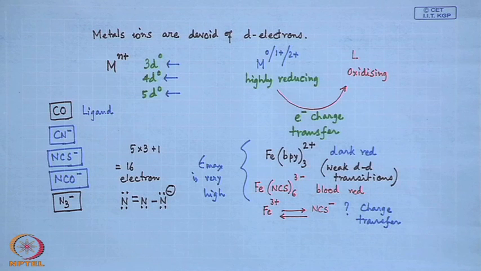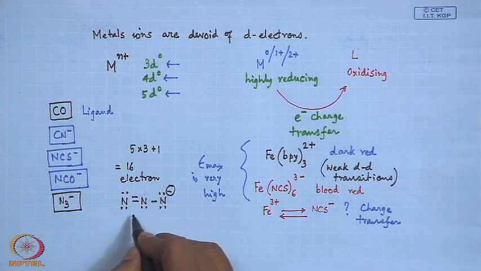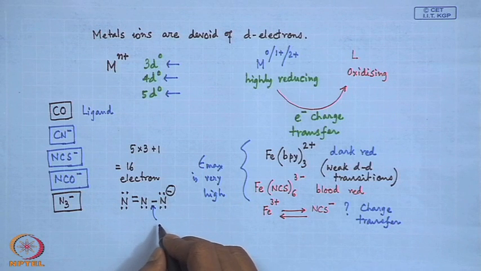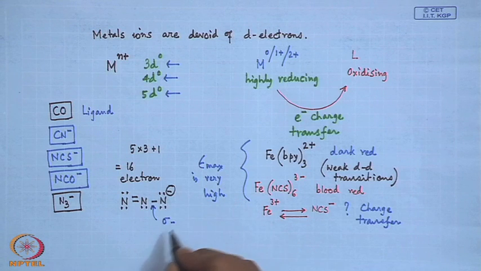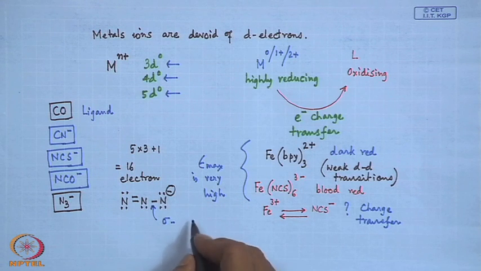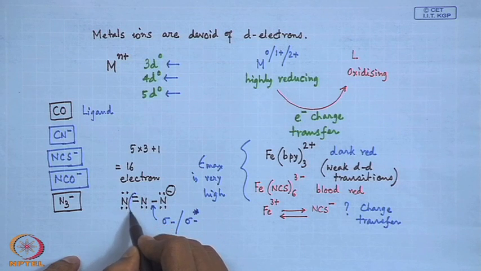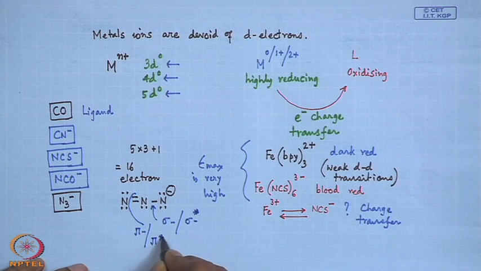What we see from the Lewis dot structure of this multi-atomic species is that if the nitrogens are bonded through a sigma bond, and the bonding molecular orbital is present as sigma, we can also have the anti-bonding level. Similarly, on the other side, we have the pi level as well as the pi star level.